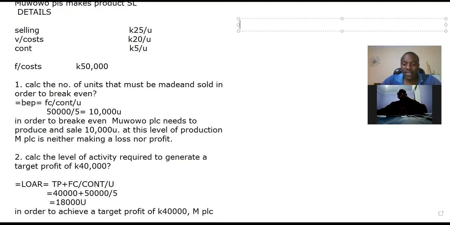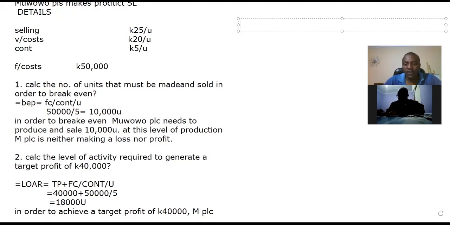So guys, let's go. Question number 3, we say, let's say more PLC this time around, guys, budgeted to sell 13,000 units.